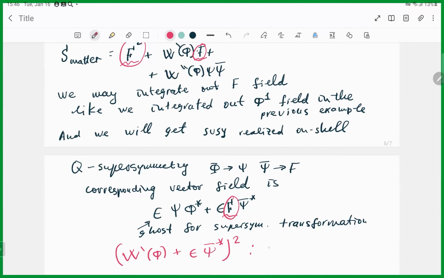And here you will have W prime bar squared plus W2 prime phi psi bar.